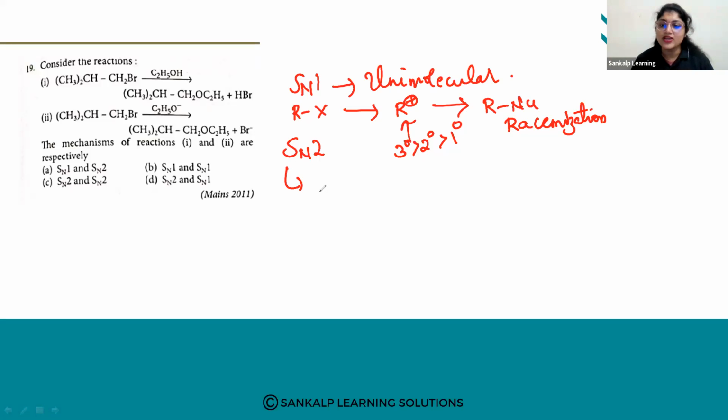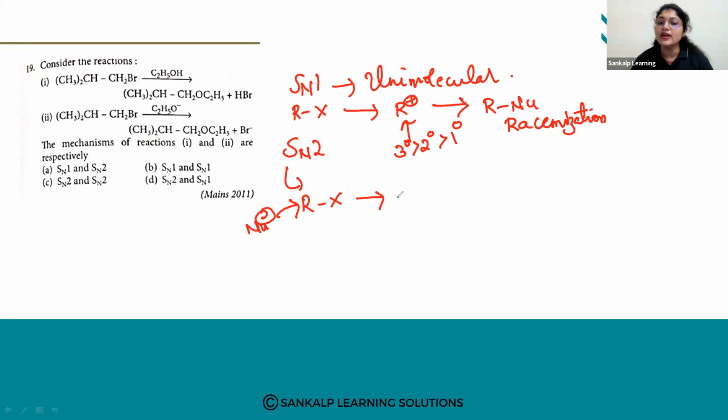What do you mean by SN2 reaction? SN2 reaction is a bimolecular reaction. The rate of the reaction depends upon the concentration of the substrate as well as the nucleophile. In SN1 reaction, it depends only on the concentration of substrate. In SN2, there is an alkyl halide, and the nucleophile attacks from the back side.